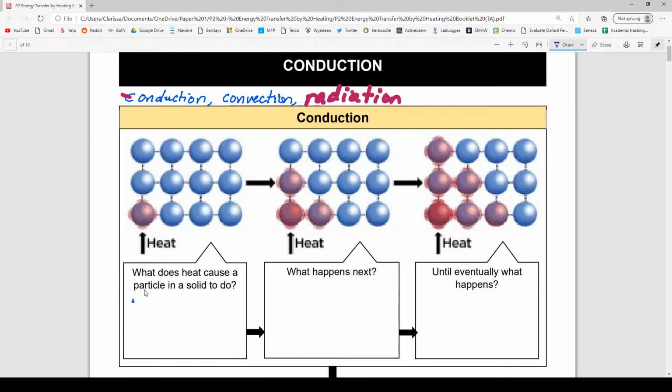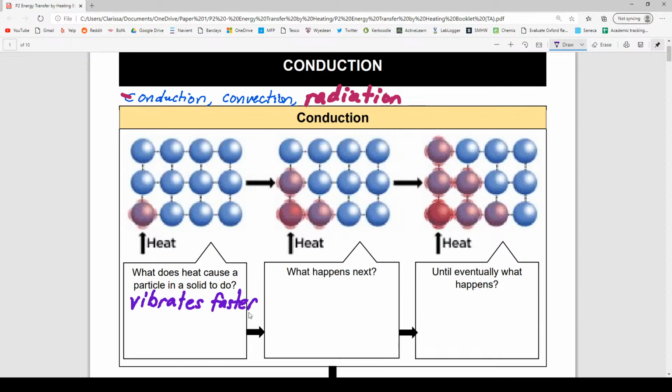For this question, what does heat cause a particle in a solid to do? It vibrates faster. The reason why that happens is because we're giving it energy in the form of heat, so when it gets that energy, it doesn't know what to do with it, it's just vibrating on the spot a lot faster.